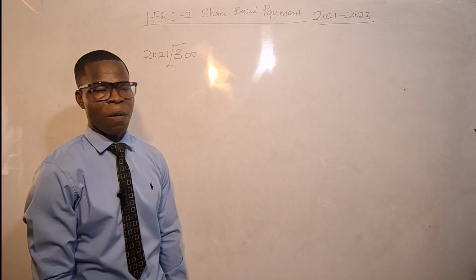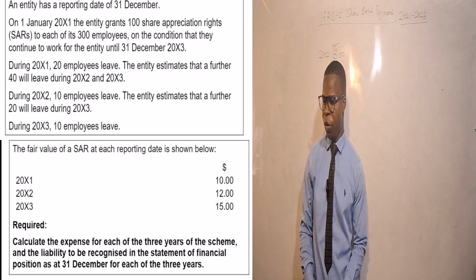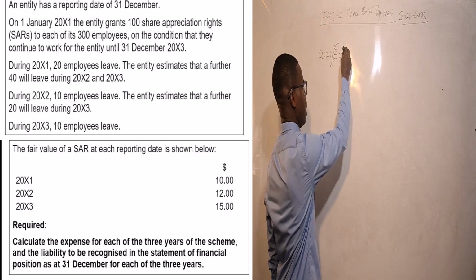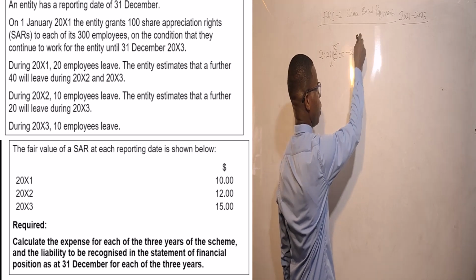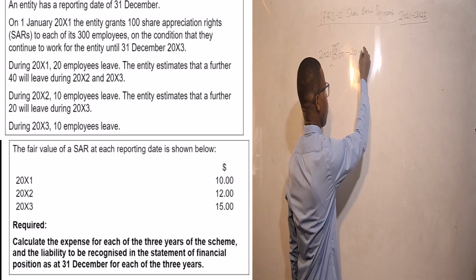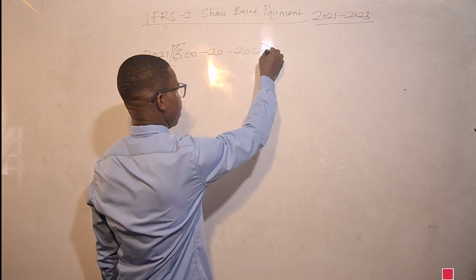Now, how many of the employees actually leave in 2021? We were told that in 2021, 20 employees actually leave. And then they expect that 40 will leave in 2022 and 2023. So here we are going to less 20 for 2022 and 20 for 2023.